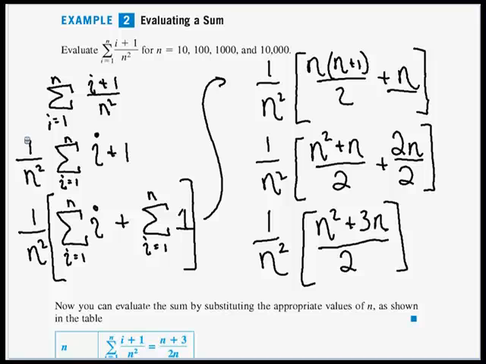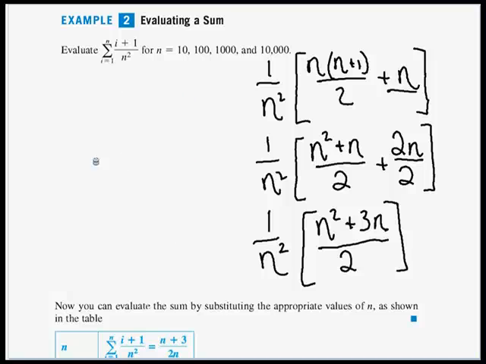I'm running out of room here. So I could distribute the n squared in the denominator now, and some stuff will cancel. In our numerator we have n squared plus 3n. Distribute that n squared through the denominator, we have 2n squared.